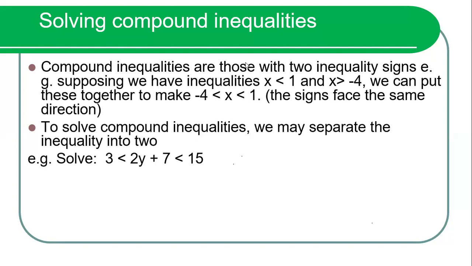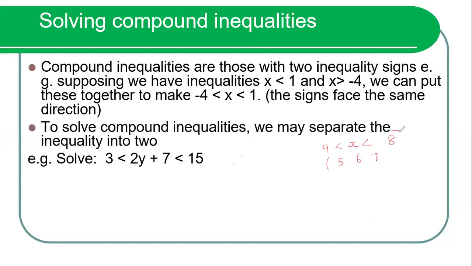Now, when we talk about compound inequalities, we are referring to those inequalities that have more than one inequality sign in them. Take an example. In case I give you 4 less than x less than 8, I know very well that in between these two numbers, I have numbers like 5, like 6, like 7.